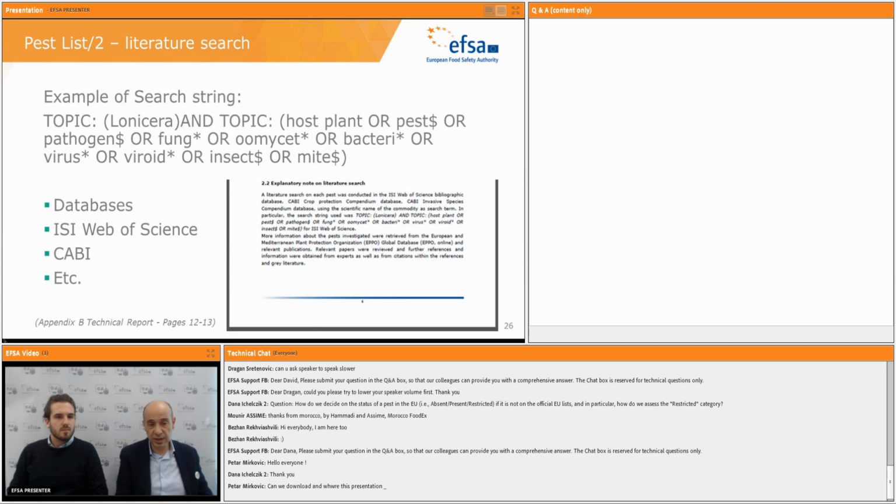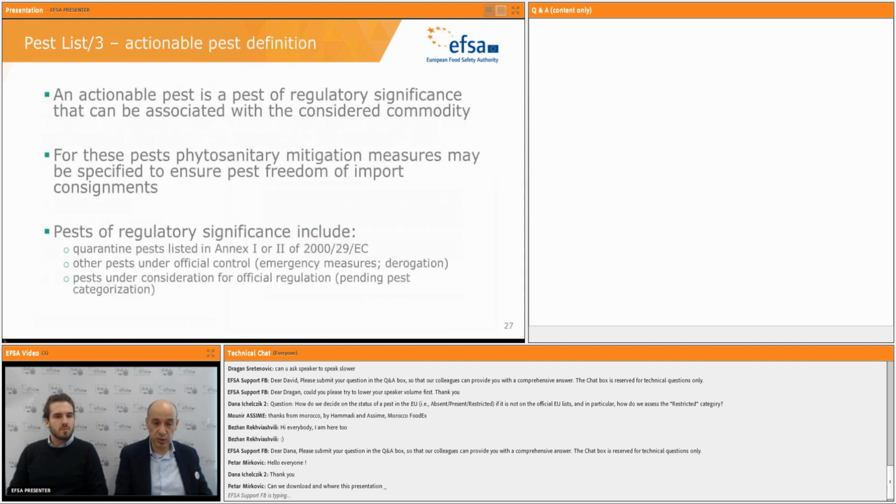Scientific literature can be one source, and here you have an indication of some of the databases that you can use, but of course you can also use other sources of information like grey literature or technical reports or other information that is probably held by you and the NPPO, the National Plant Protection Organization. So you can use a variety of sources of information. The important thing is that you provide evidence of the sources of information that you list.